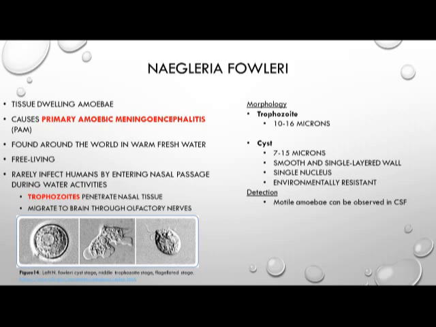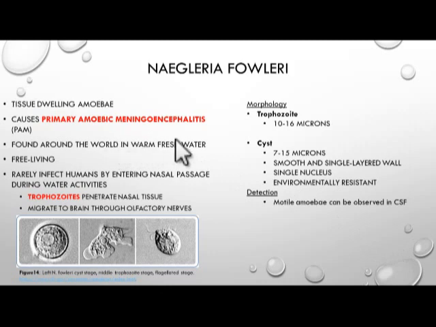It is rarely found in humans, and infection occurs through trophozoites penetrating the nasal tissue, which then migrate to the brain through the olfactory nerves, where they then multiply and cause this condition, primary amoebic meningoencephalitis. It is a very fatal condition.